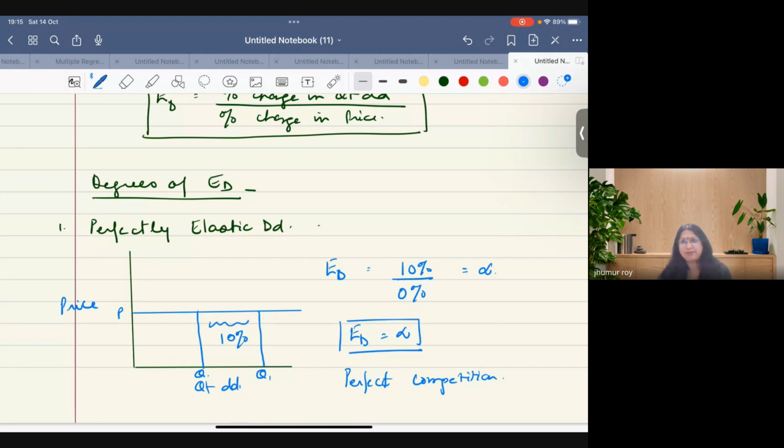Everybody in the market generally sells at the same price. This is a competition where everybody has the same kind of goods, and they will want to sell at the same kind of prices. So not much price difference will be there, nor much product difference. If one person sells it even for a very small difference, everybody will go to that person and buy the commodity. So this is the first kind of elasticity.